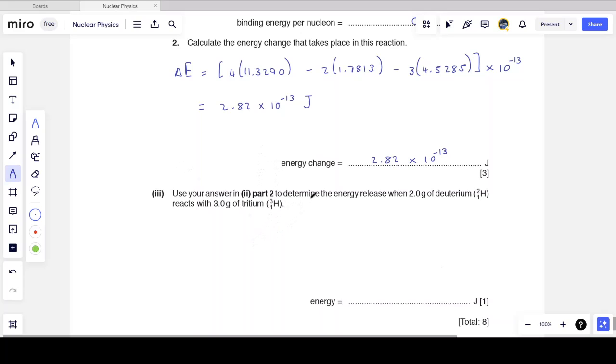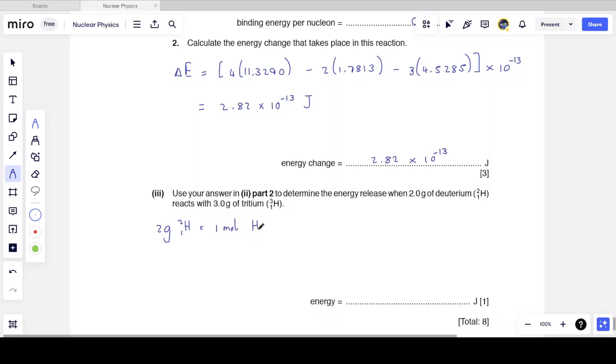We're told to use our answer in part 2 to determine the energy released when 2 grams of deuterium reacts with 3 grams of tritium. But wait a minute, what do I know? Deuterium has a mass number of 2. So 2 grams of hydrogen-2, if I know my chemistry, is 1 mole of that thing.